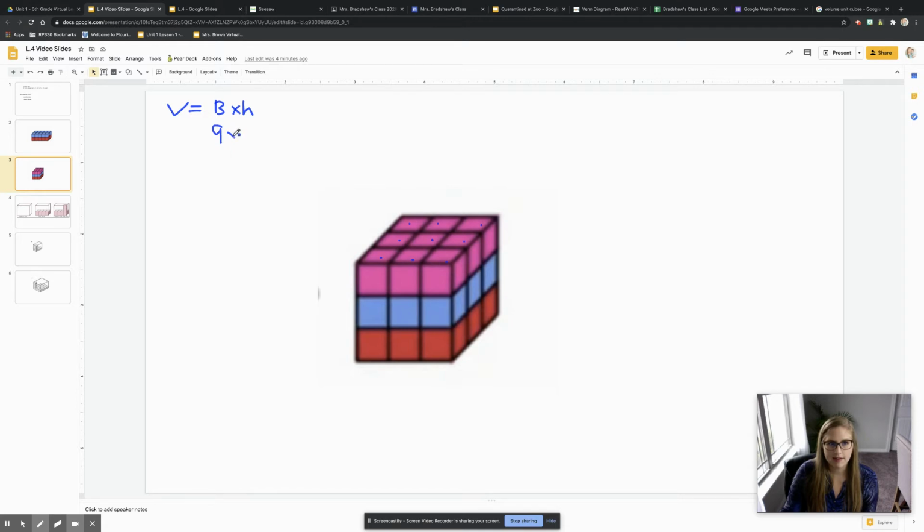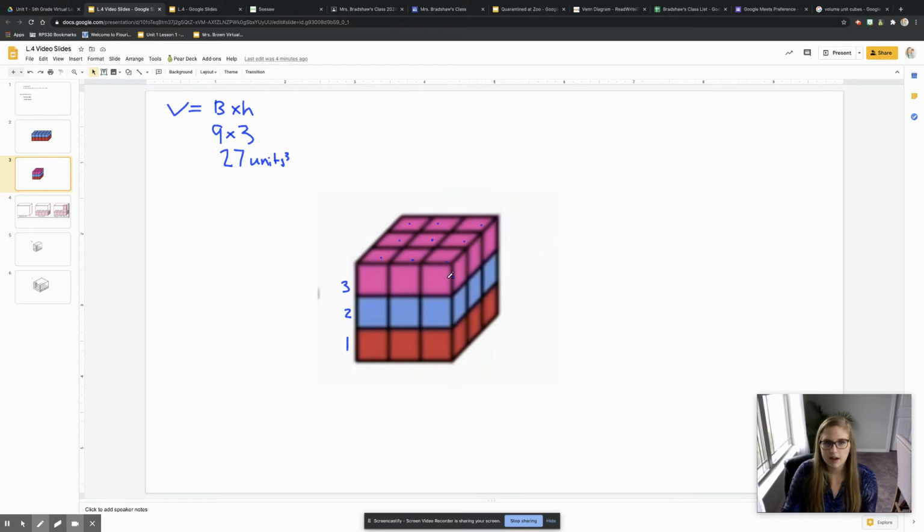My height, I have to figure out how many layers high is it. 1, 2, 3 layers high, and each layer has 9 cubes. So then I am going to do 9 times 3. And that is 27 units cubed.